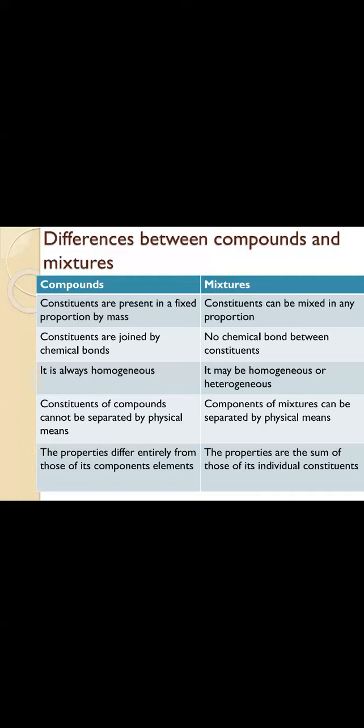Another difference, I've said this before, is that the properties of the constituents of compounds differ from the compound itself. While for mixtures, the properties of the constituents make up the property of the mixture itself.